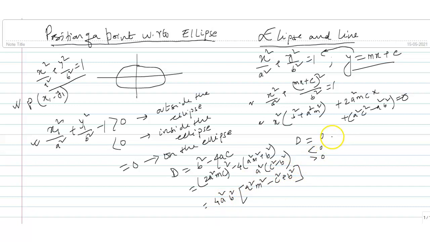If the discriminant value is 0, then you know that we get a single point, same roots, and for that the intersection of line and ellipse is a single point, and that is the tangent. That will help to understand about the tangent. For the tangent, d equals 0 means a square m square minus c square plus b square equals 0, or c equals plus minus root of a square m square plus b square.